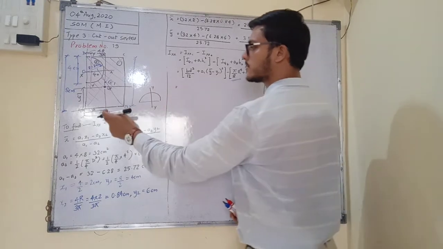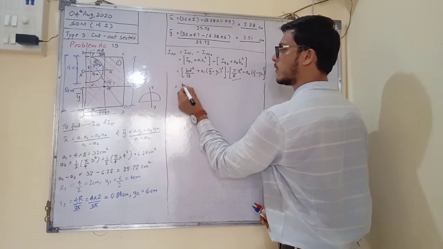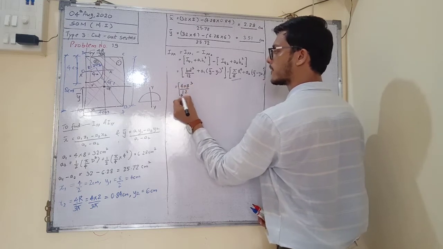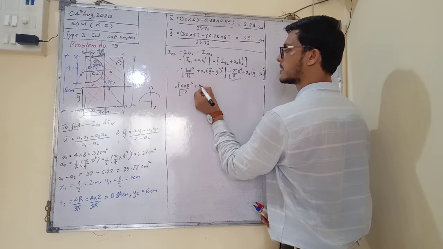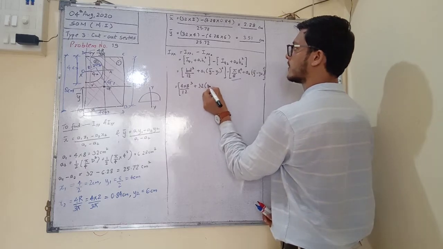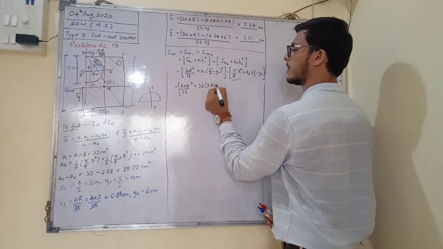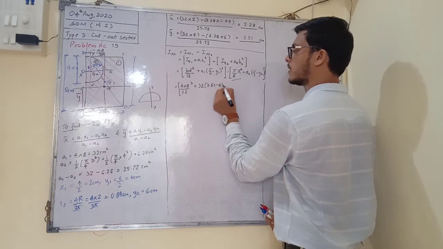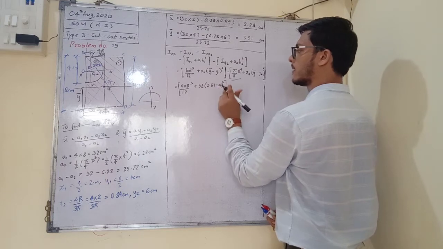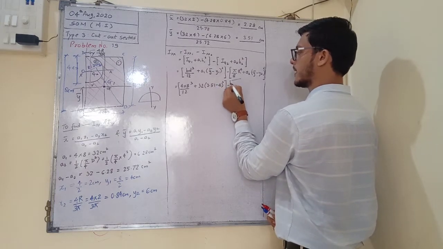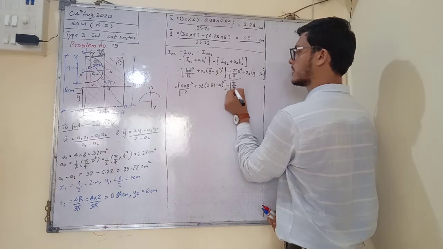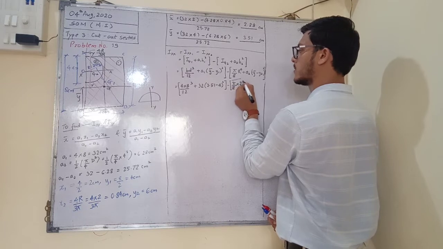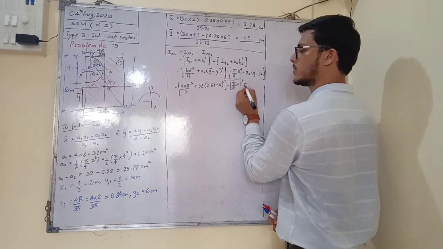So B is how much? B is 4 and D is 8. 4 into 8 cube divided by 12. This is the first square bracket, plus A1 is 32. Y bar is how much? 3.51 minus y1 is how much? 4, the whole square, minus second bracket, 5 by 8 into r is how much? 2 raised to 4, plus A2.